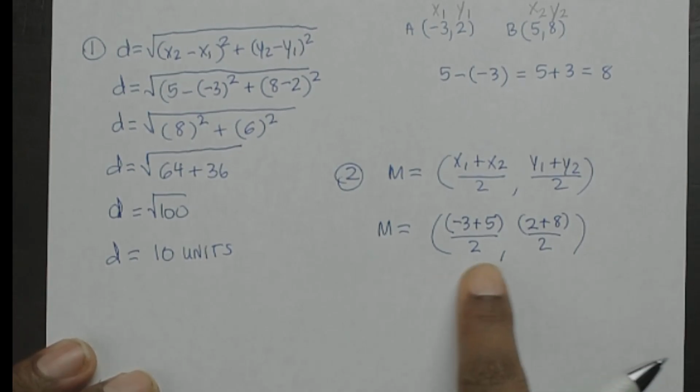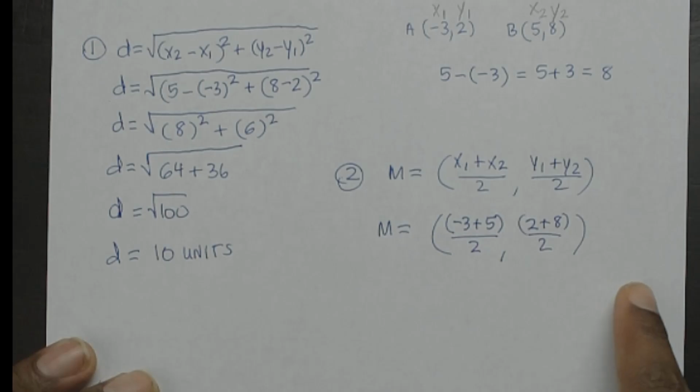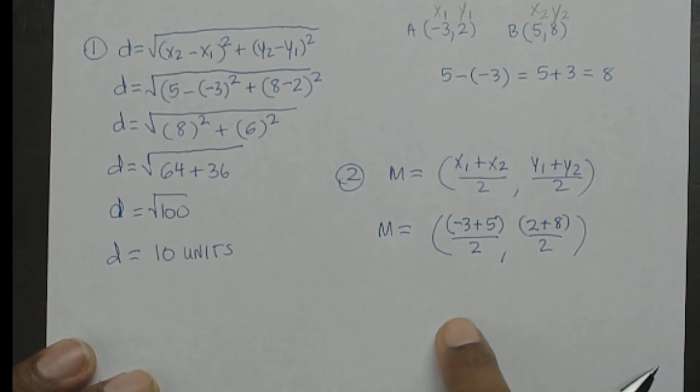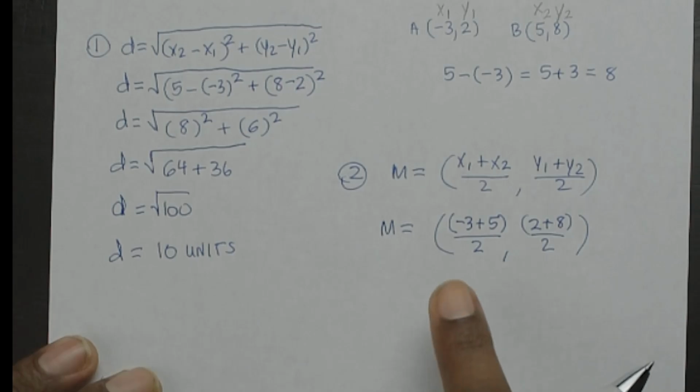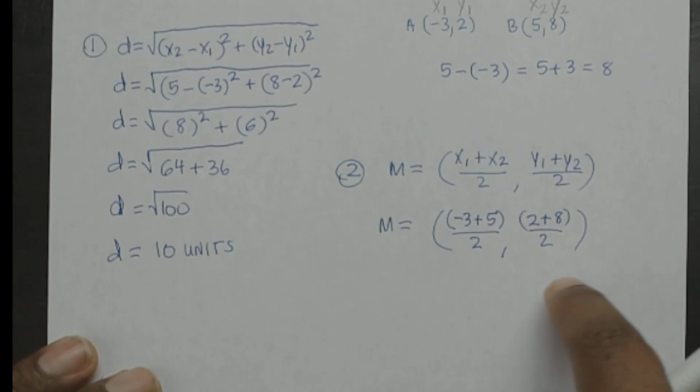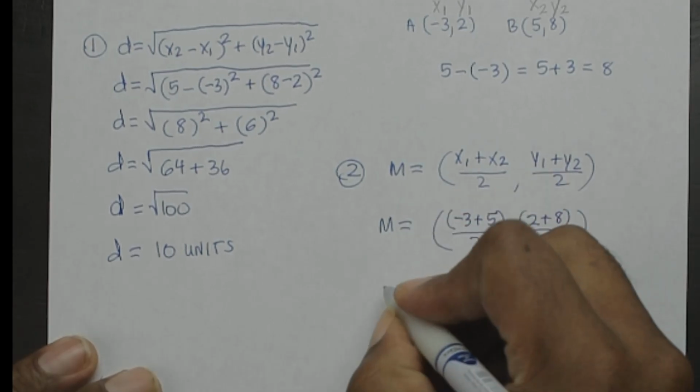Okay, and you can write this in a line if it helps you. For example, if you were doing PEMDAS, where you have parentheses, -3 plus 5 divided by 2, you can write it like that too.